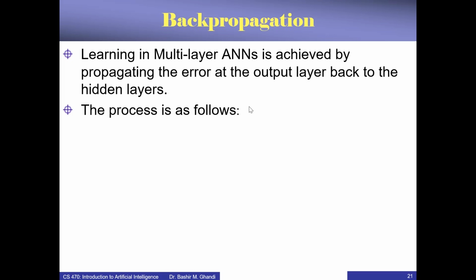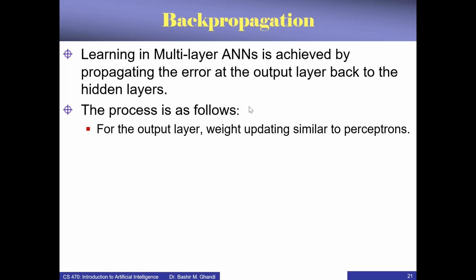So the process is as follows. For the output layer, the weight updating is similar to what we do in the perceptrons, because here we know exactly what the output is, and therefore we can compute the squared error and adjust the weight accordingly.